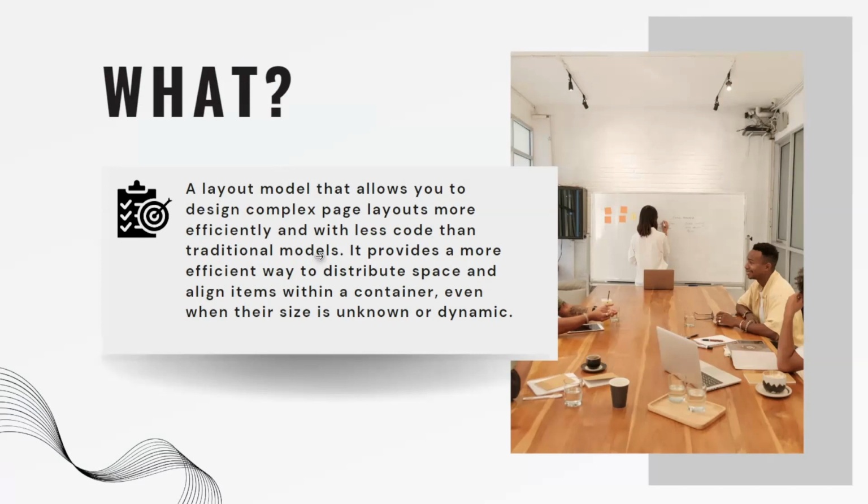Number one, we had the block model, which treated all its elements as block level boxes. Block level elements typically start on a new line and they take up the full width. A typical example of a block model element would be a div, a paragraph tag, an h1, and a ul, unordered list element, right? And then we also had the inline model.